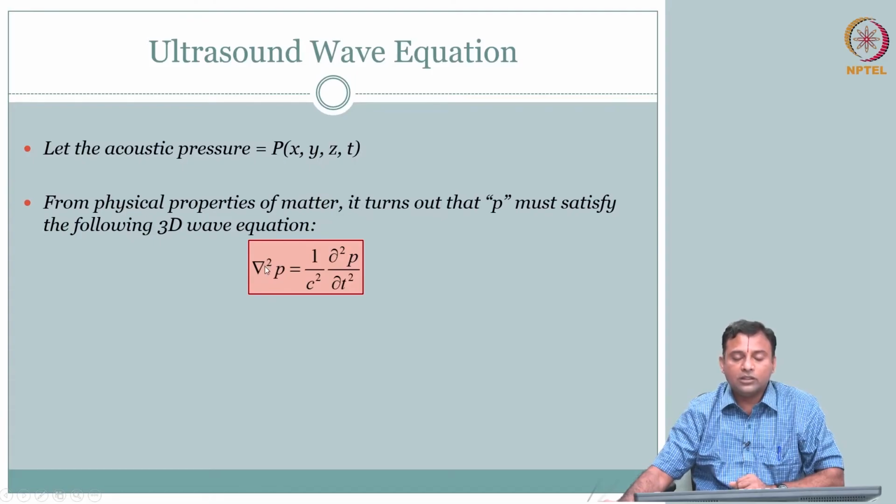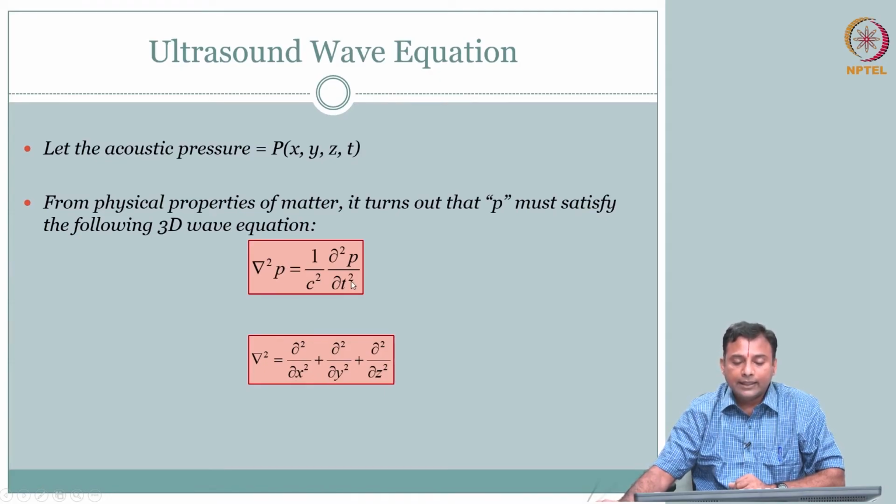What is this? This is your Laplacian, the second order spatial derivatives: dou square by dou x square plus dou square by dou y square plus dou square by dou z square. So your pressure is changing in space and time, clear?